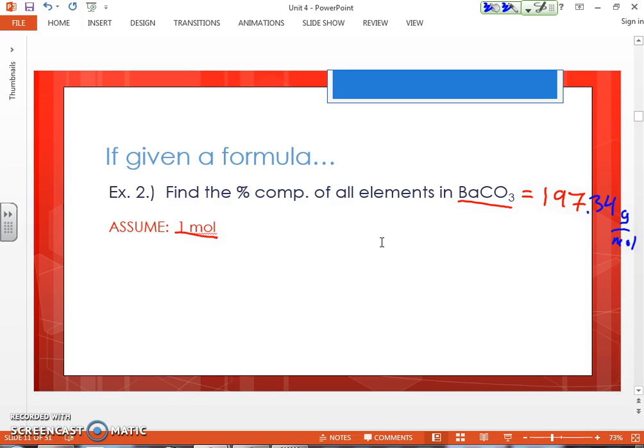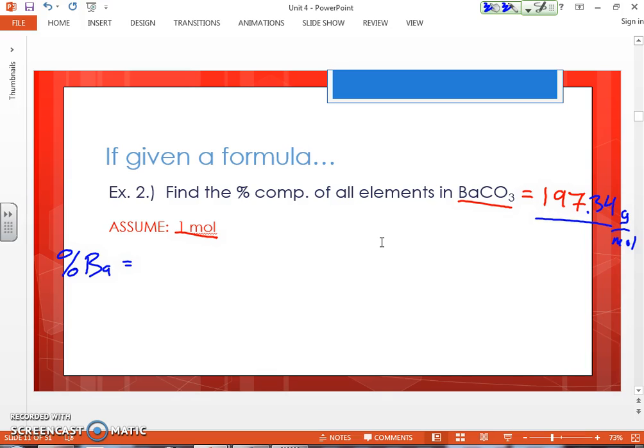This is a case where it helps to show your work a little bit. That way you don't have to keep going back and forth to your periodic table. I didn't, so I have to go back and look. So to figure out percent barium, the whole thing weighs this much.